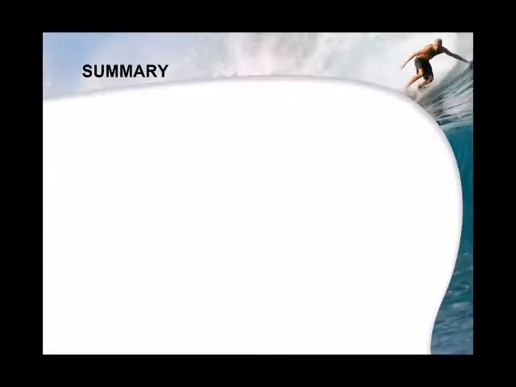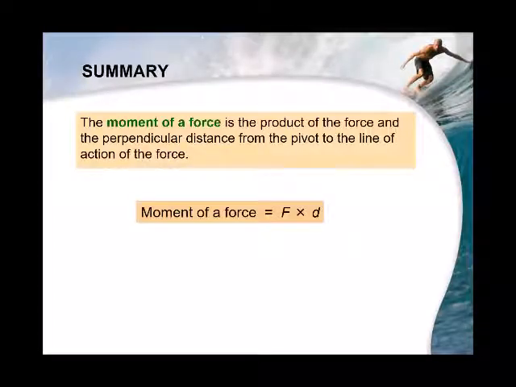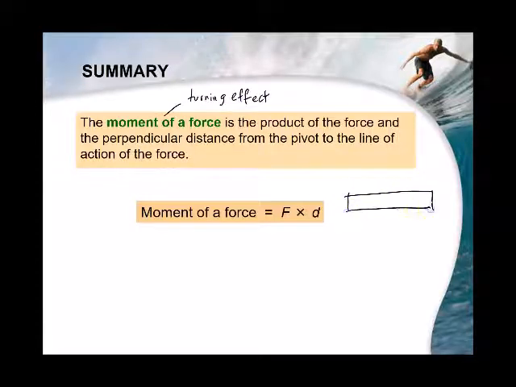So in summary, very quickly, we have learned the moment of a force. What is the moment of a force? The moment of the force is the turning effect of a force. So when forces act on an object which is pivoted, this is the pivot. I can either draw the pivot like that, or I can draw it like that.